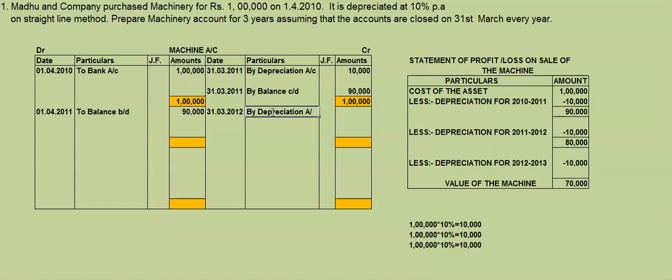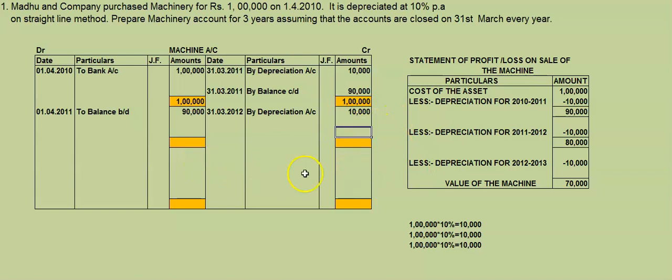How much is the depreciation for the second year we have to take? Here you have to see the working notes. For the second year, 2011 to 2012, what is the depreciation amount? Under the straight line method, original cost method, depreciation always remains the same. It is 10,000 only.